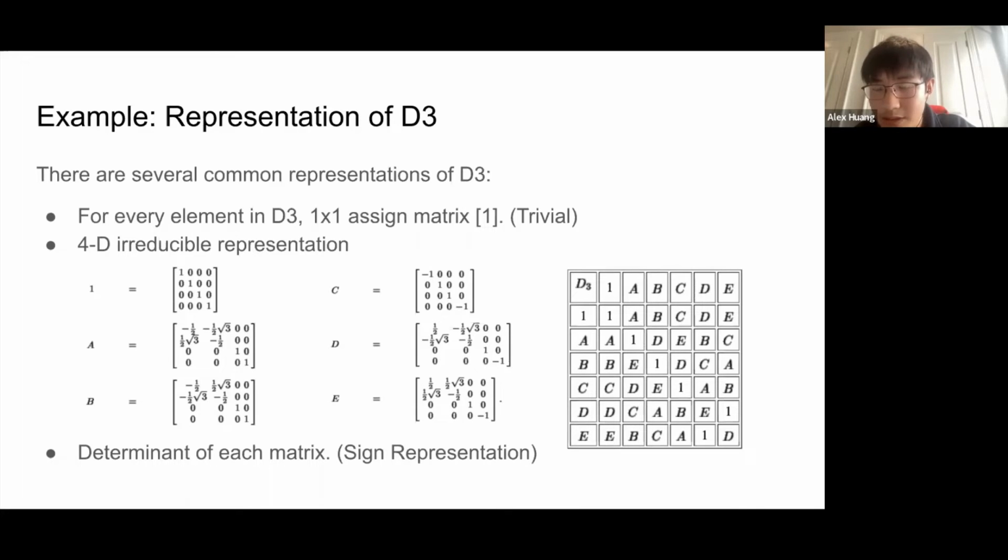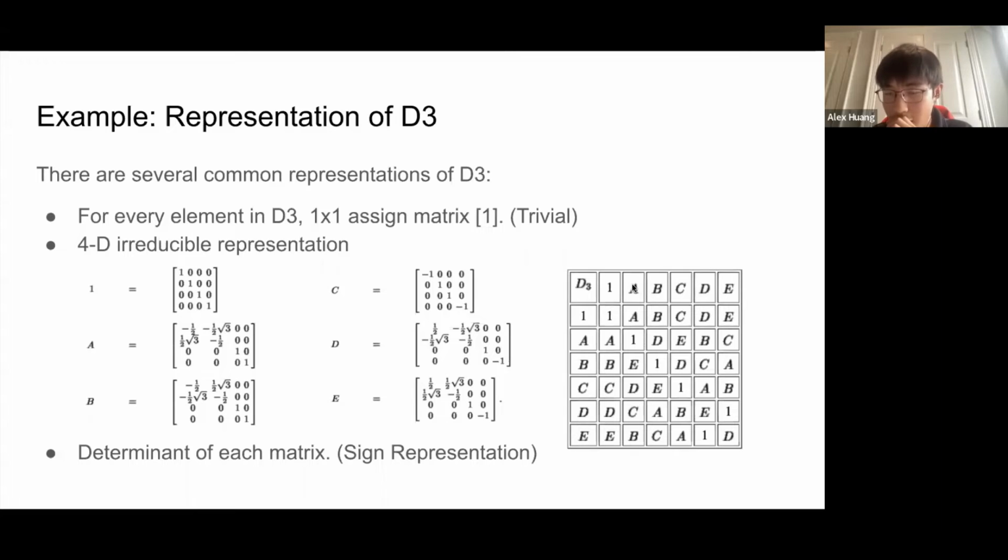So for example, you see this is 1 and this is A. And here, A composed with 1 is A because 1 here is the identity. So basically this tells you the structure of this group.